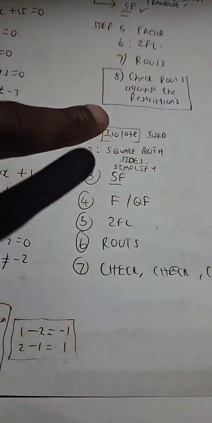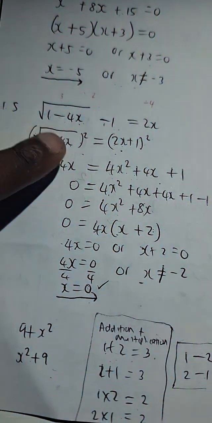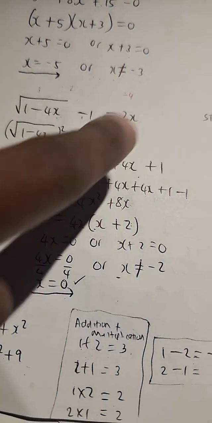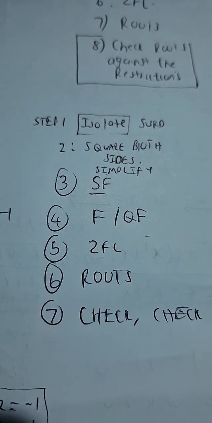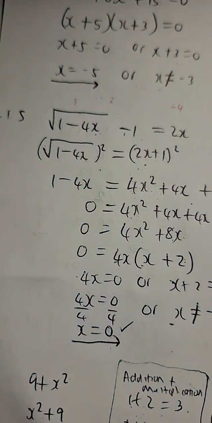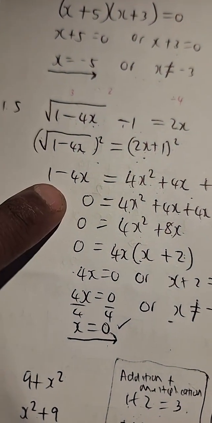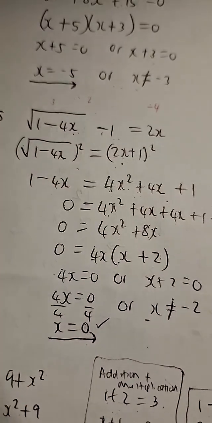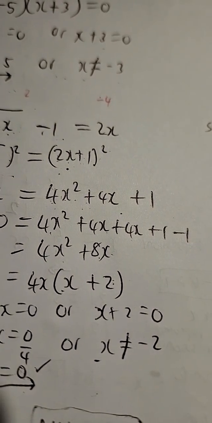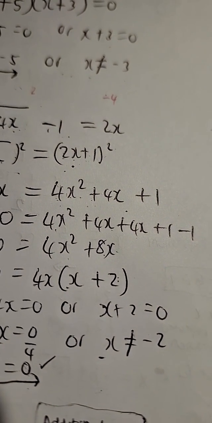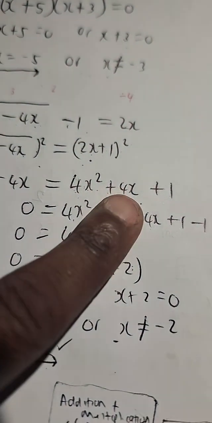Step 1, isolate the radical. The radical is isolated, negative 1 has been transposed. Step number 2, square both sides. Squaring both sides eliminates the square root. We have 1 minus 4x. If we square the binomial, we must make sure we square the first term, square the last term, and multiply the 2 terms in the bracket, and times by 2 to get the middle term.